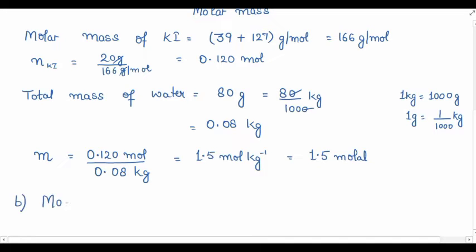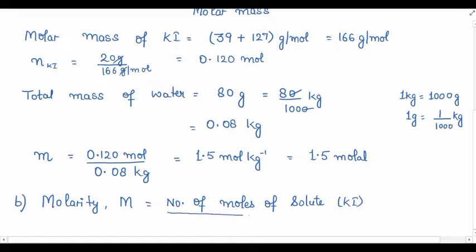Now the second part. Do you know what the second part is? In the second part, we have to find the molarity. The basic difference between molality and molarity is that in molarity the number of moles of solute is divided by the volume of solution. The number of moles of solute, that is KI, is divided by the volume of solution in liter.